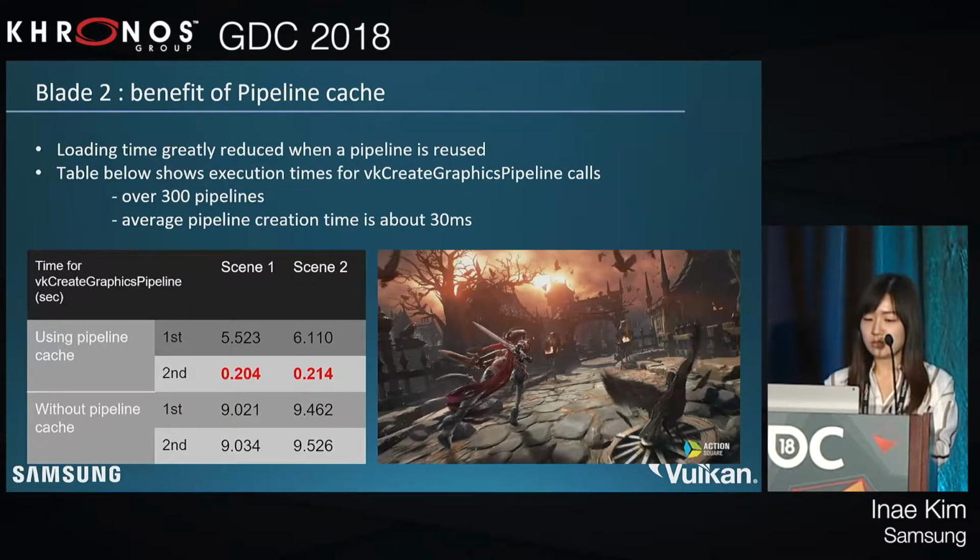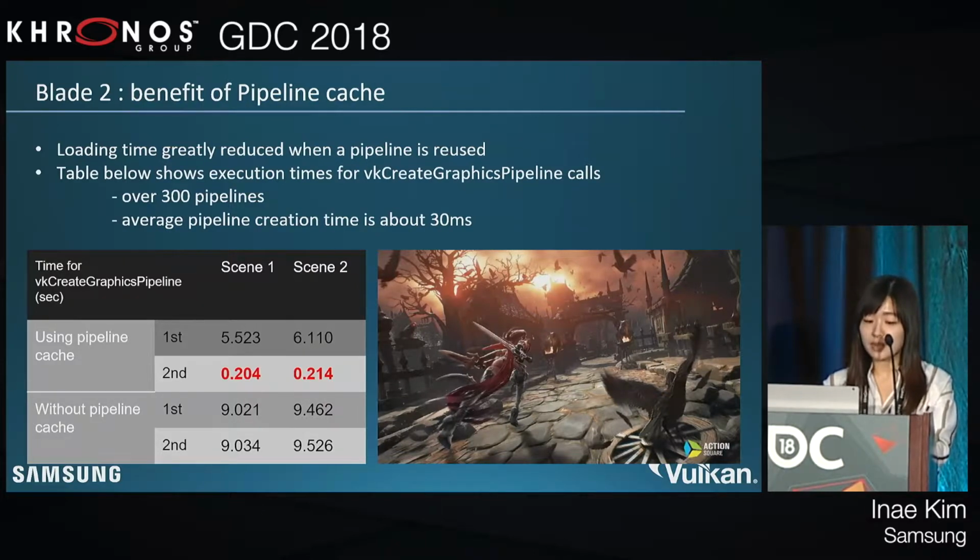Let's talk about this table. This data is the time to execute all of vkCreateGraphicsPipelines when loading a scene on Blade 2 mobile. In this case, one scene needs over 300 pipelines, and creating a pipeline takes 30 milliseconds on average without pipeline cache.